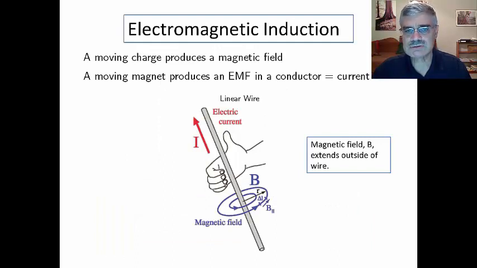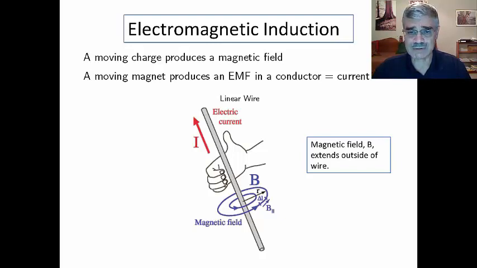A moving electric charge can produce a magnetic field, and conversely, a moving magnet can produce an electric field in a conductor. That is, it can produce current. Sounds like that might be important. There's a fundamental and very important relationship between electricity and magnetism.